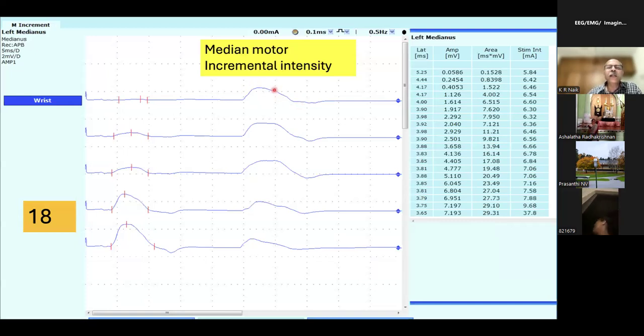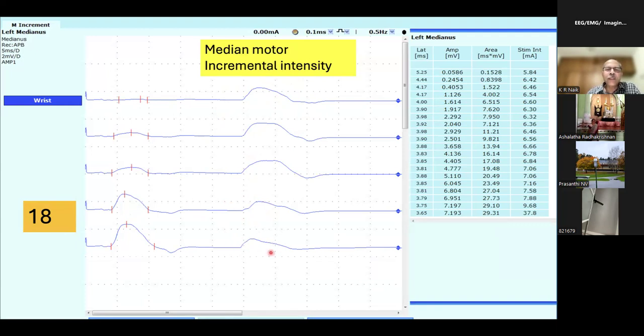I told you this person had brisk reflexes and amyotrophy. What is demonstrated in the median nerve? This is the H reflex occurring. We have a small M, we have H, M is increasing, then this also is probably H or M, because these three are identical, and this is totally different. So this could be the F response.